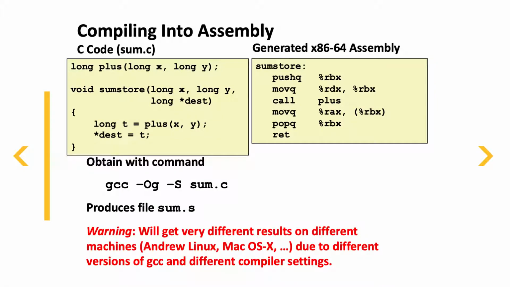So when we compile into assembly, we can take a very simple C code like sum.c that you see here on the left, and all we're doing is adding a couple things up and then saving it out to memory. But when we compile that into assembly, we get this other thing. We see that we have sumstore in both.